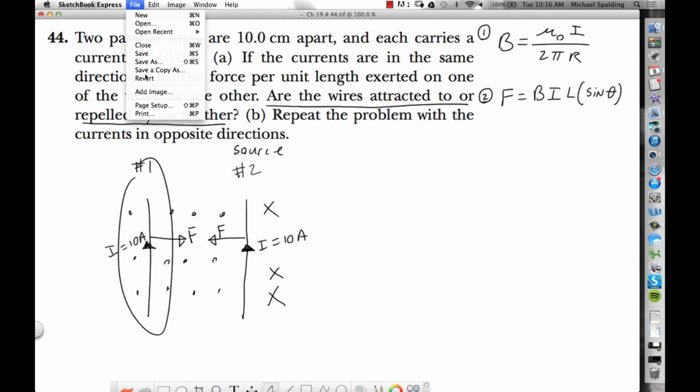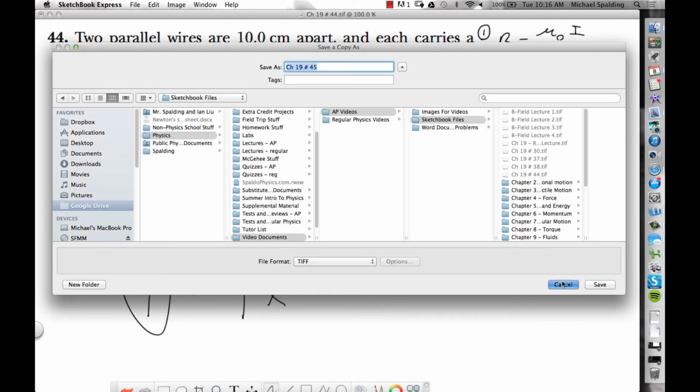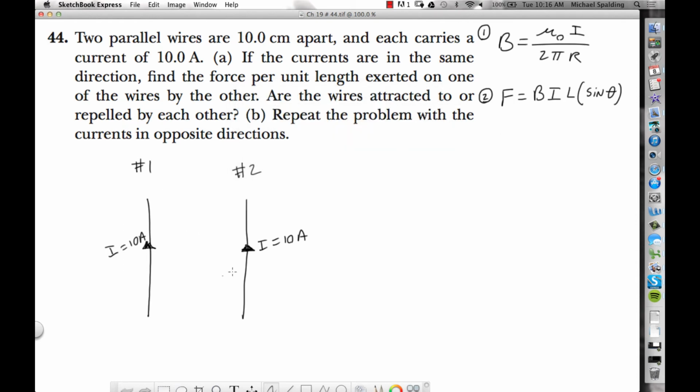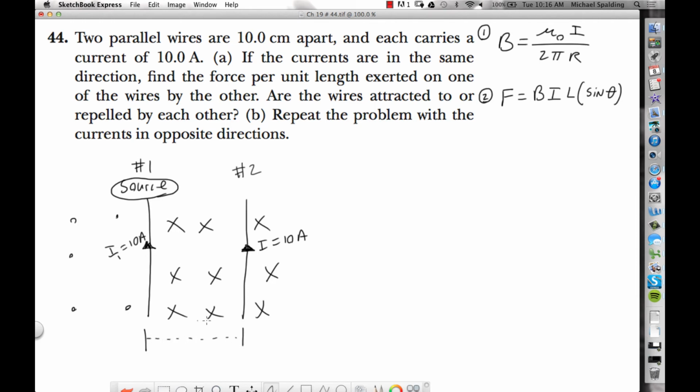How would you go about calculating an answer? So let's revert. Wire number 1, we'll make this guy the source of the B field. So the magnetic field's going in on this side and then out on this side. First thing we have to do is find the strength of the magnetic field 0.1 meters from the source.